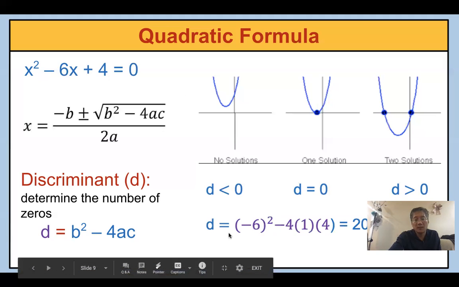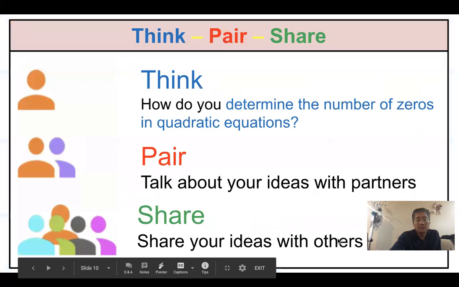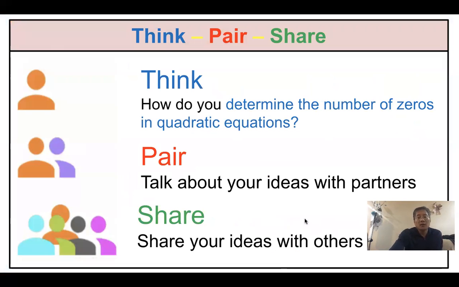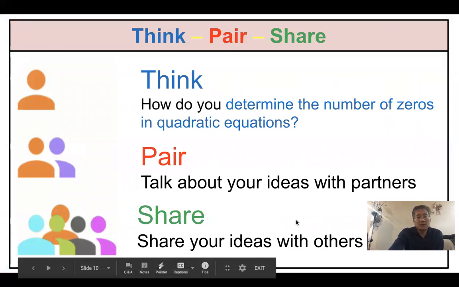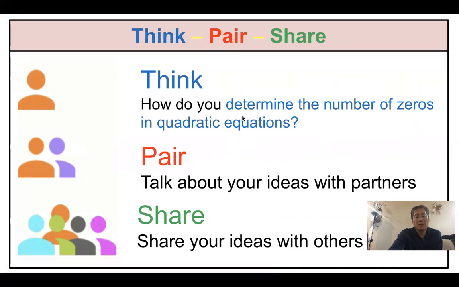So in this case, D is what, 20, right? We did it. So two solutions. So now, if you go to the Google Classroom, you can find the questions. Please answer this. How do you determine the number of zeros in a quadratic equation? How many zeros are there in the function?